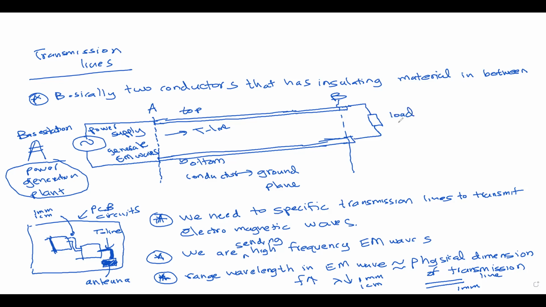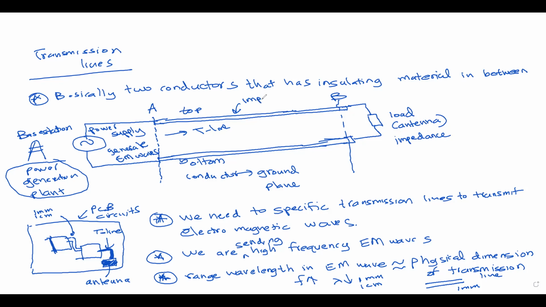The load, I can take it as maybe the antenna, because I think it is very simple to understand the connection to an antenna and why we need to transmit power to an antenna. So I connect a load of antenna to the end of the transmission line. The antenna load will have a certain impedance, and the transmission line will also have a certain impedance.